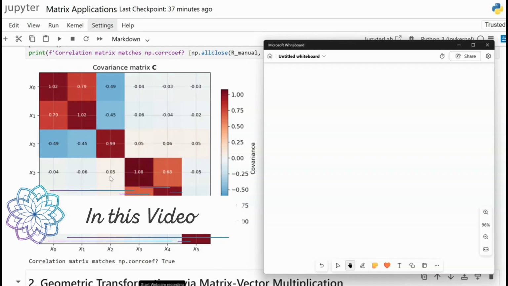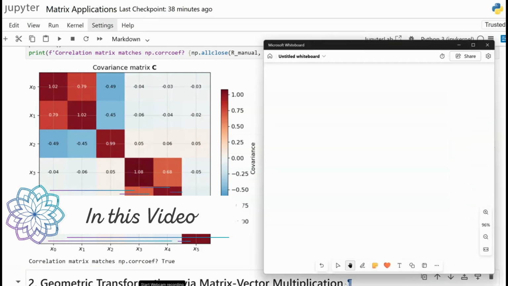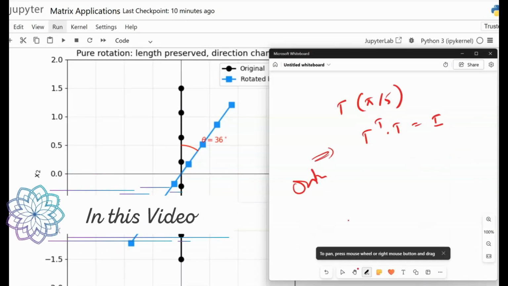And when going with the correlation matrix, that is the normalized version, that is scale invariant, kindly observe, and clearly structured. Yes, here this is the orthogonality.